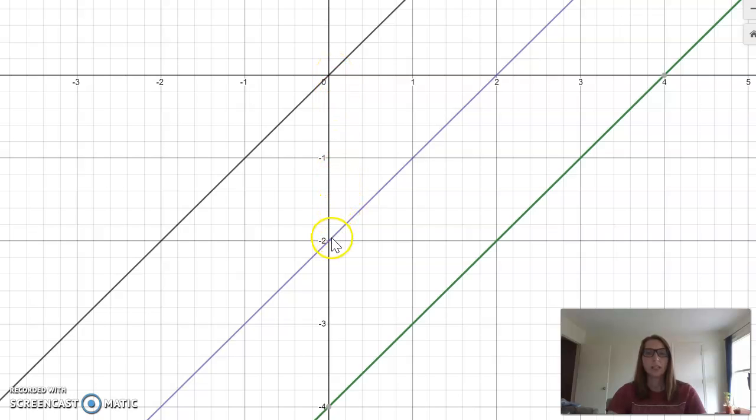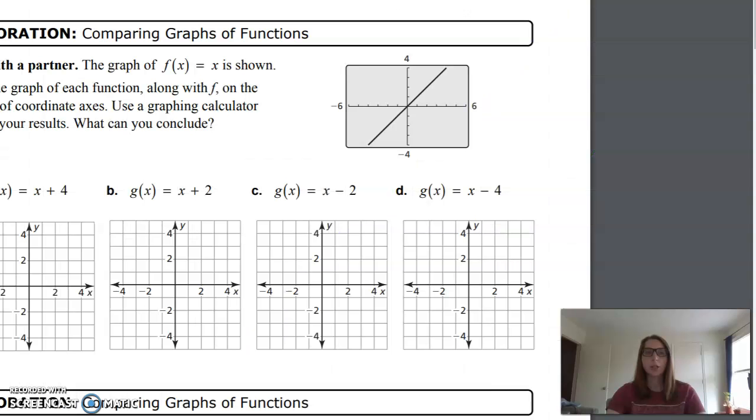There's the last function we did at negative 2, and then the function here is at 0, negative 4, and the other point here is 4, 0. So it's crossing the x and y at 4. It creates a straight line, and that will be able to go onto your worksheet here.